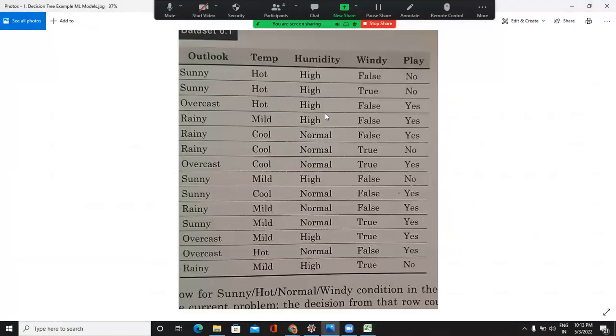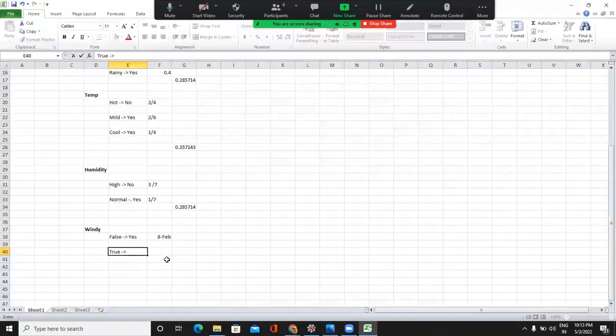Similarly, if we consider windy as true, what is happening in this case? True no, true no, true yes, true yes, true yes, true no. So again there is a 50-50 chance of decision yes or no. So let us say we choose true as no. It will give us an error of 3/6.